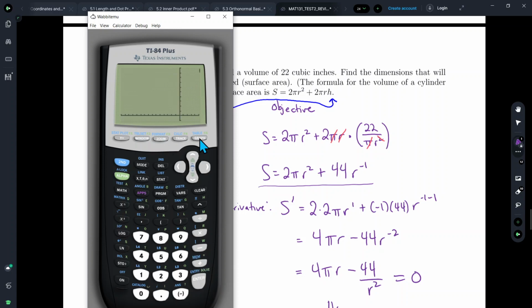So let's graph this. It doesn't make sense for the radius to be negative, right? So let's just change the window from 0 to 10, or maybe 0 to 5. It's probably okay. So we want the minimum. You see it has a minimum around here. So let's calculate it.